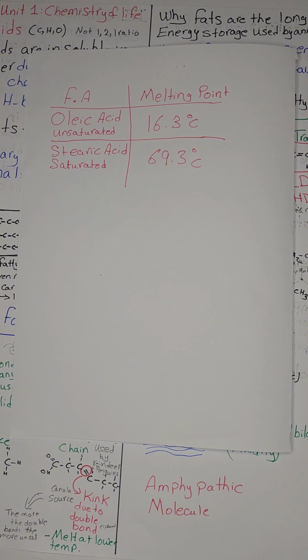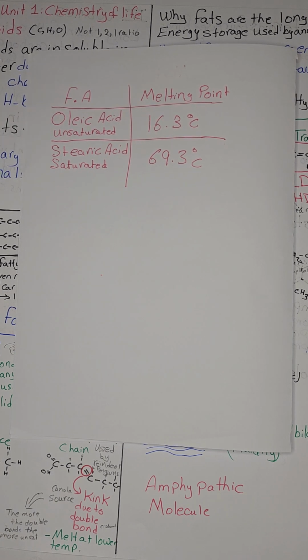Then in the second part, they ask about the independent variable and the dependent variable. Of course, the independent variable is the type of fatty acid tested. As we discussed before, the independent variable is the variable that the scientists change. So the scientists change the fatty acid, and the dependent variable is the result. The result is to study the melting point of each one.